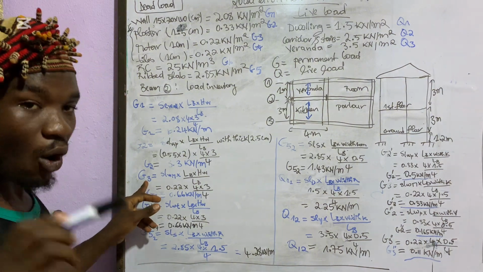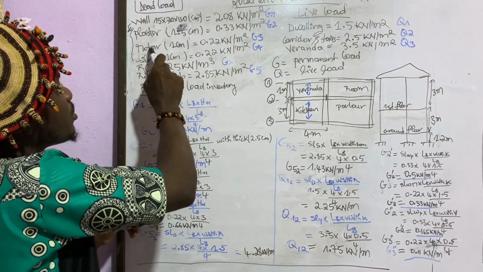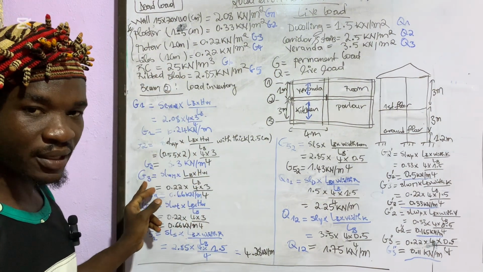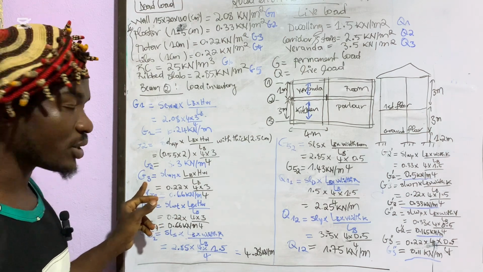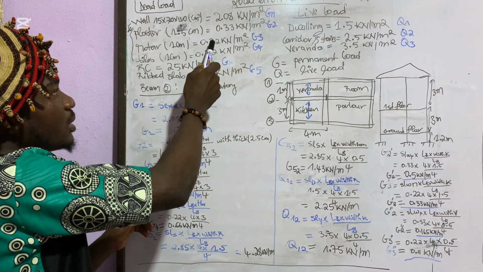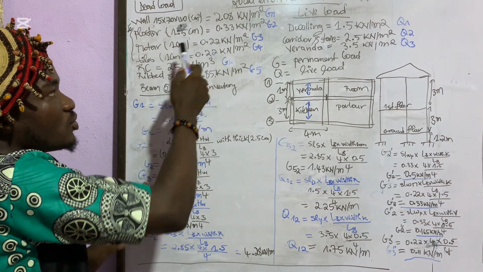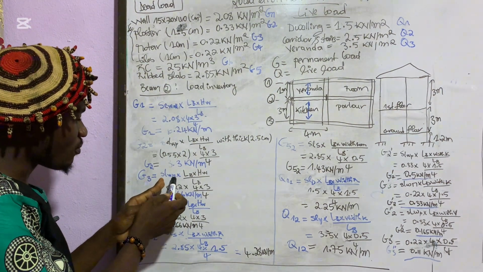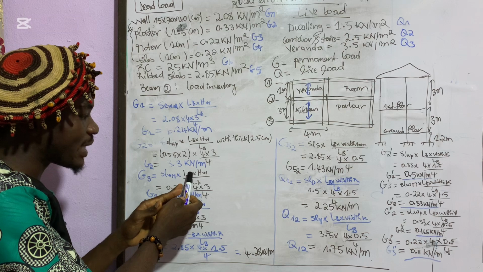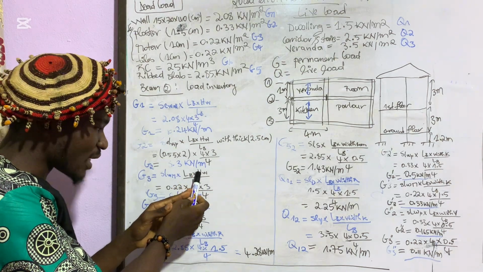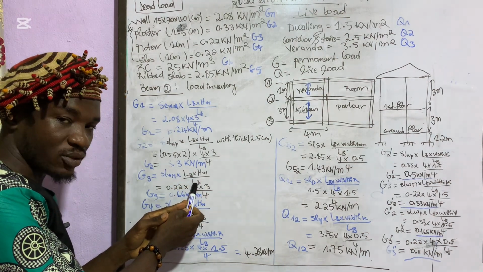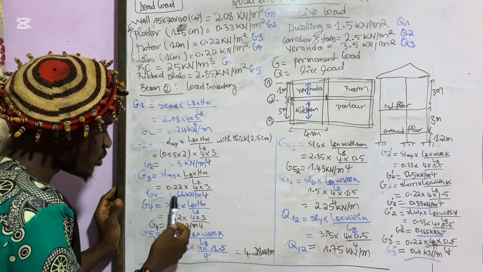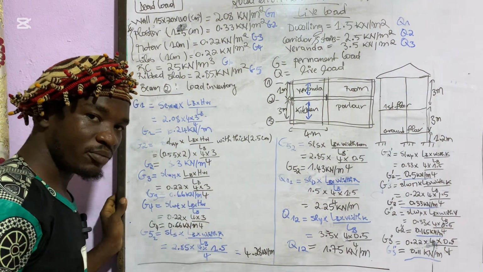Now G3 of the wall again. G3 represents the permanent load exerted by the mortar on the wall. We already have the self weight of the mortar, which is 0.22 kilonewton per meter square. So the self weight 0.22 will be multiplied times length of the beam again times height of the wall divided by length of the beam. So you have 0.66 kilonewton per meter.